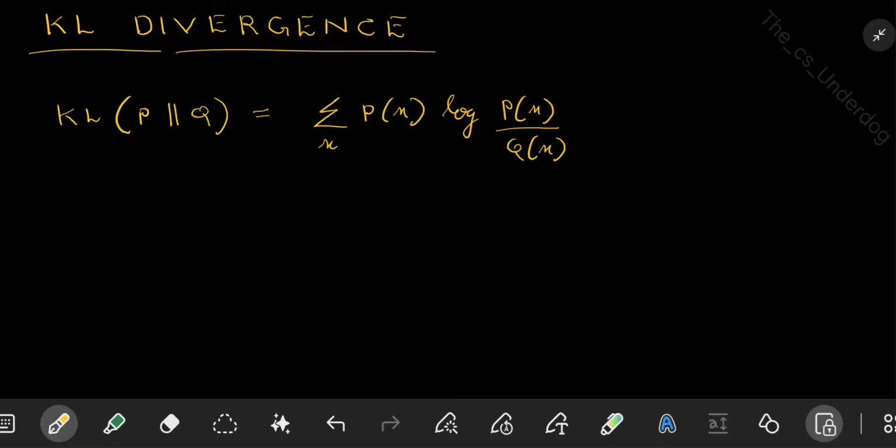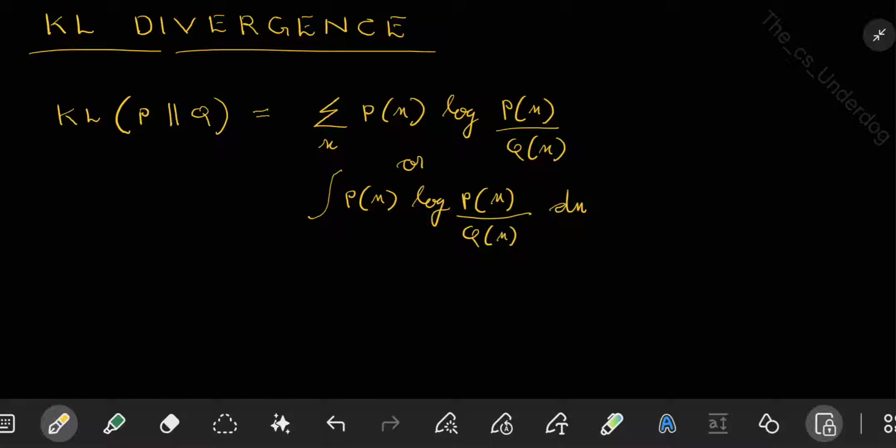If it is a continuous random variable, you can't take a sum. Instead, it will be an integral. So you should write the integral of P(x) times log of P(x) by Q(x) dx. Both these are the formulas using which you can calculate KL divergence.